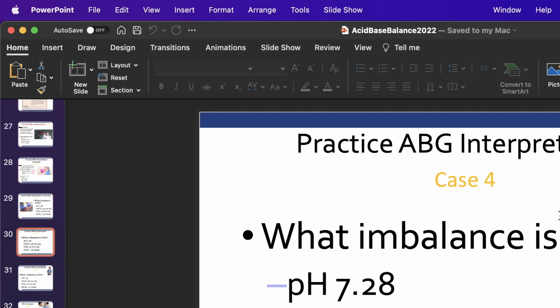A. So what follows in the same direction as the pH? So metabolic acidosis. Fully compensated? No. Our pH is not normal. Is there partial compensation? Yes, this is our first example of partial compensation. We know it's partially compensated because the remaining value is moving in the opposite direction of the other two.